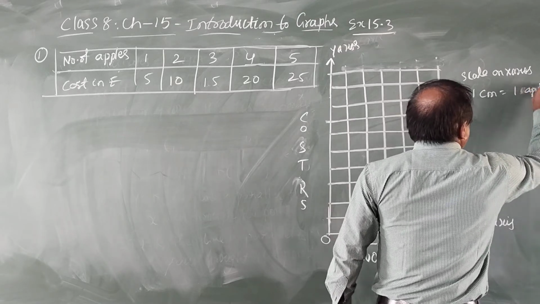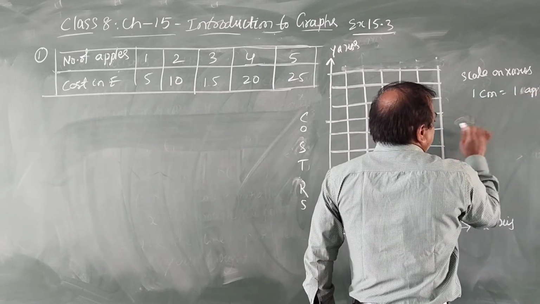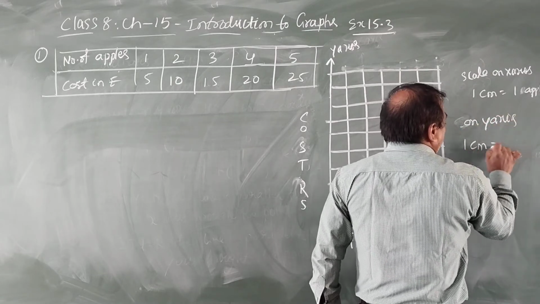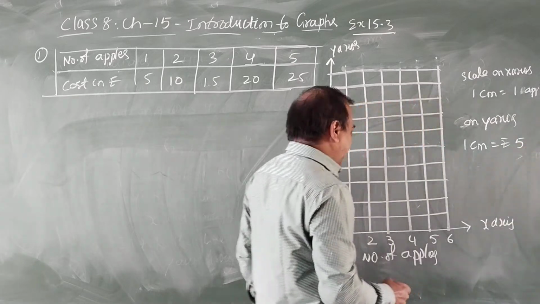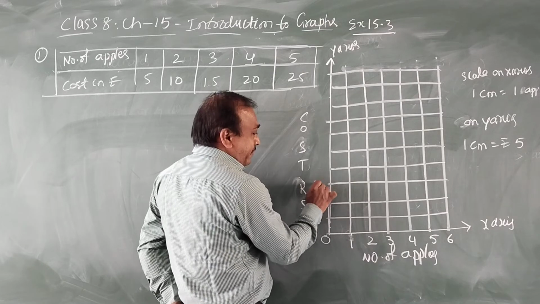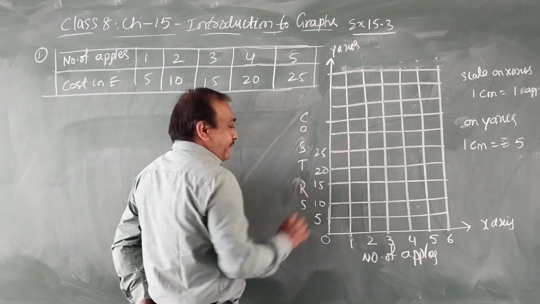On the y-axis, 1 centimeter equals 5 rupees. So 5, then at equal distances 10, 15, 20, 25.